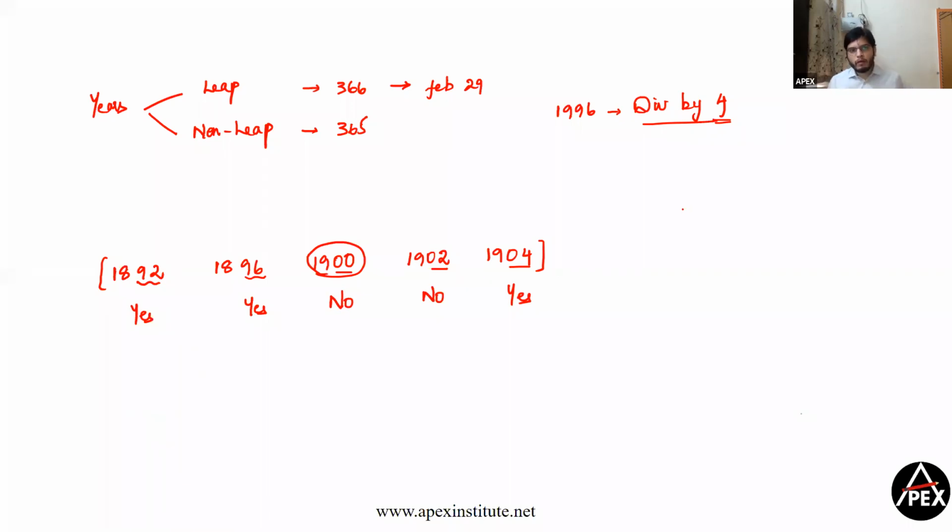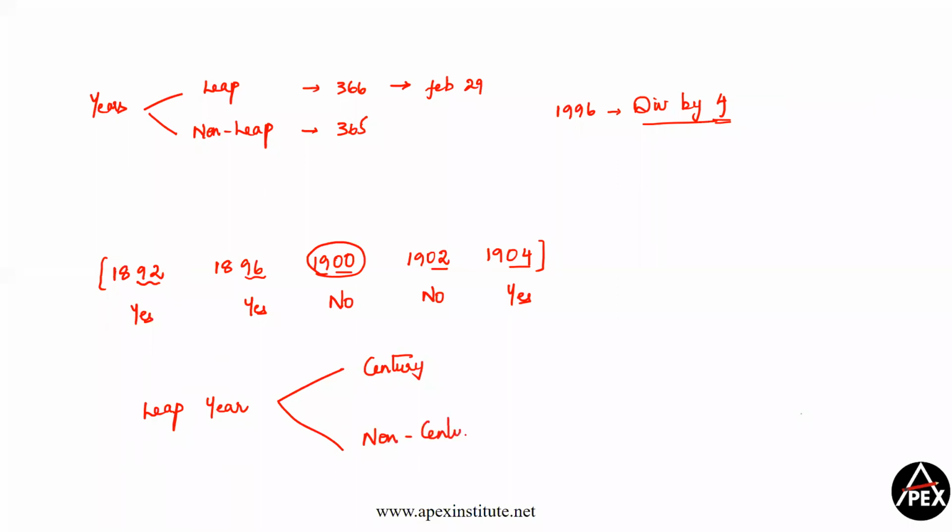So we have a rule to determine whether a given year is a leap year or not. First, we have to determine whether the given year is a century year or a non-century year. What are century years?